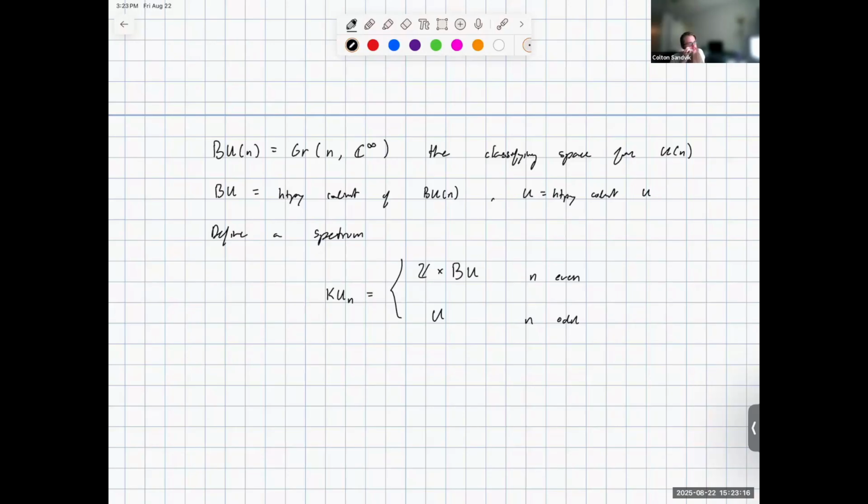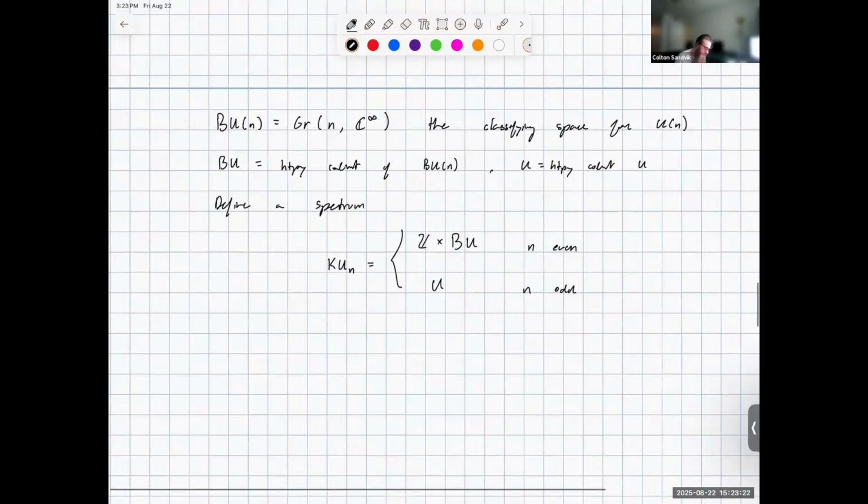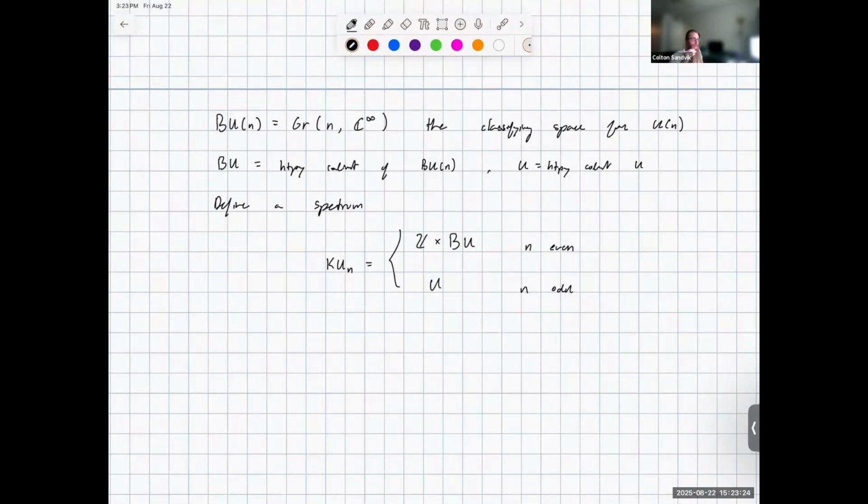Okay, great. So whenever n is zero, you should think that this is just what usually would classify complex vector bundles. So this makes sense.